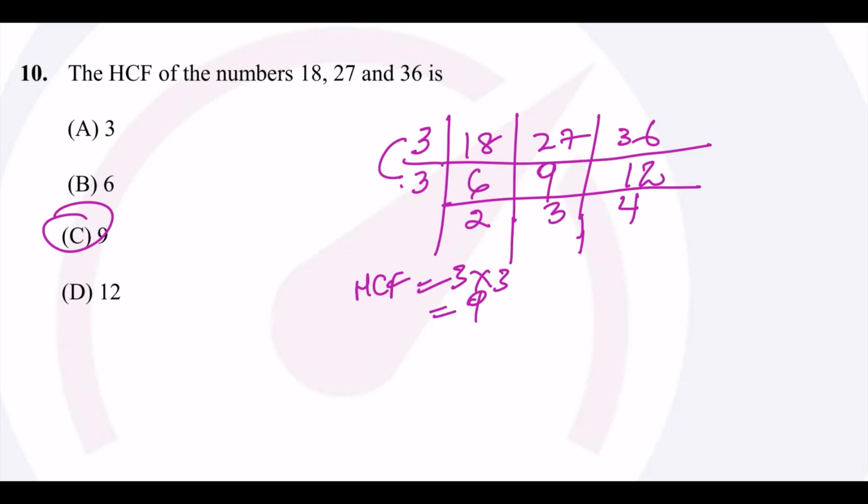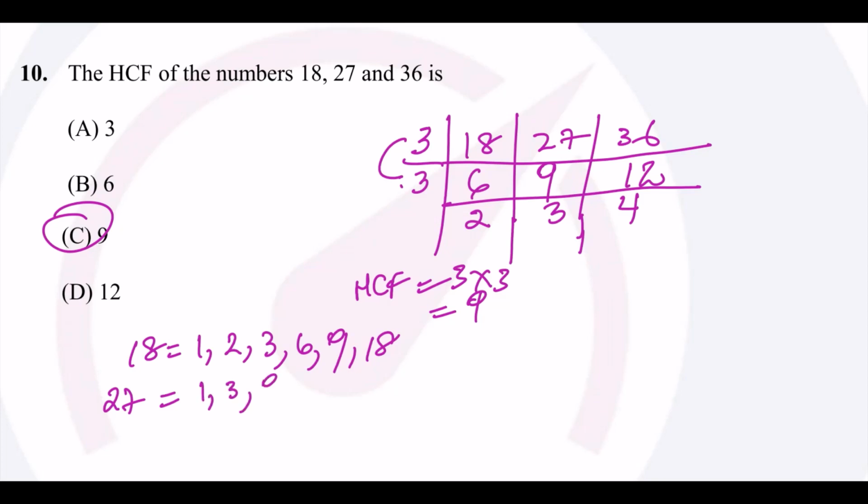So the factors of 18 are 1, 2, 3, 6, 9, and 18. And the factors of 27 are 1, 3, 9, and 27.